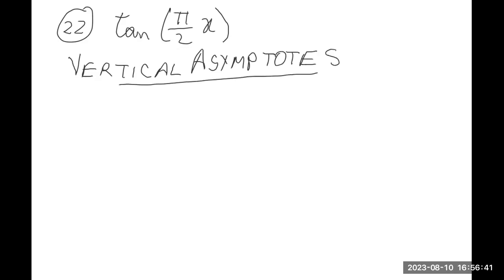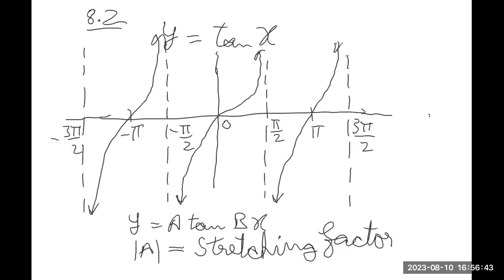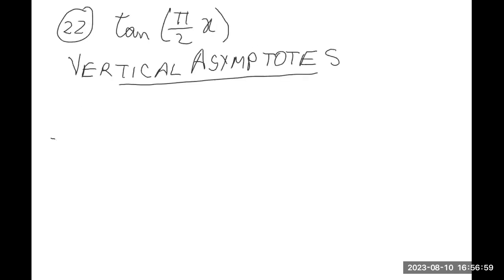In a simple y equals tan x, the first vertical asymptote was at pi over 2. So whenever the argument of the tan function is pi over 2, you're going to have a vertical asymptote. In this case, the argument of the tan function is pi over 2 x. So you set that equal to pi over 2, and then solve for x.